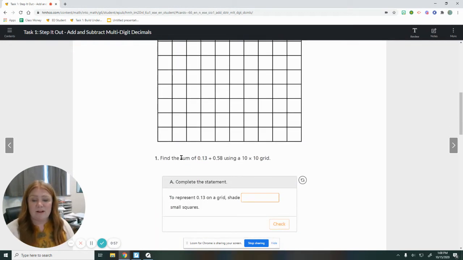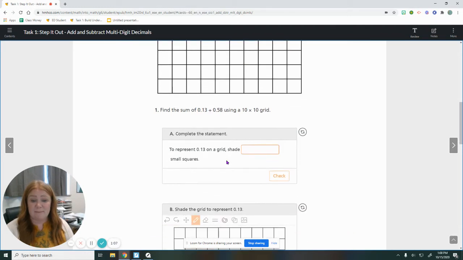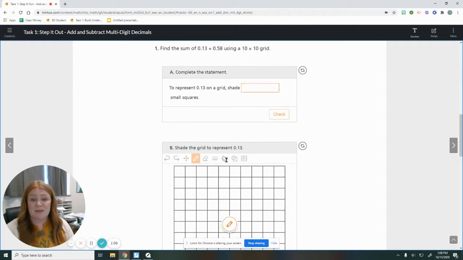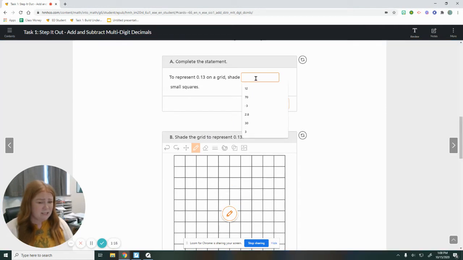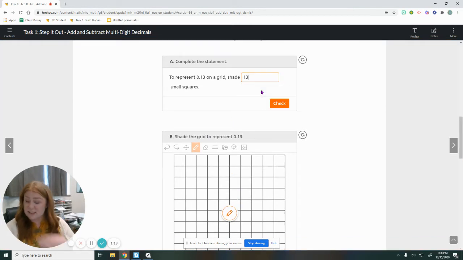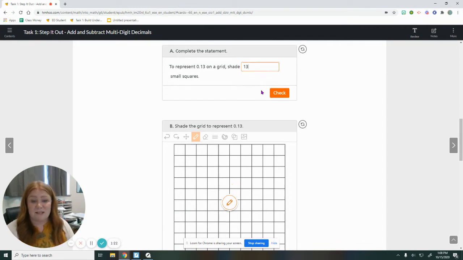So we're going to be working on finding the sum, which is the answer to an addition problem, of 13 hundredths and 58 hundredths using this grid. If I want to represent 13 hundredths, this is like 13 cents out of the whole dollar, I need to shade in 13 of these squares.